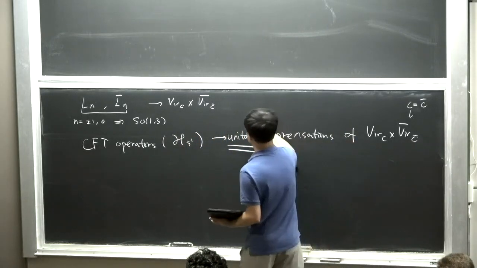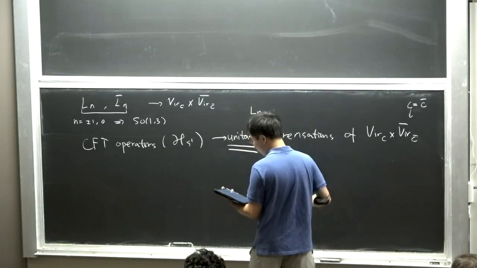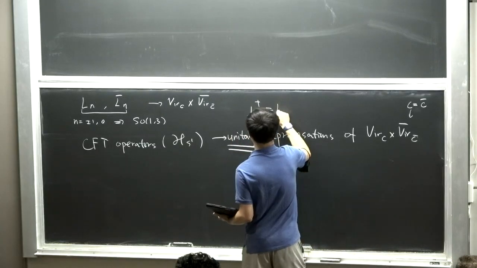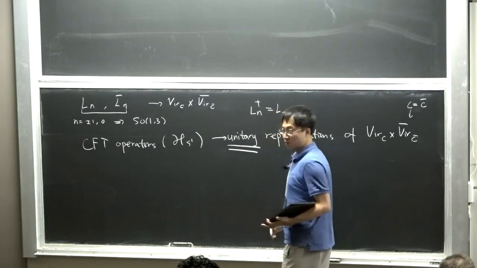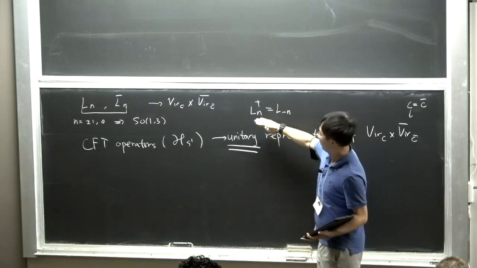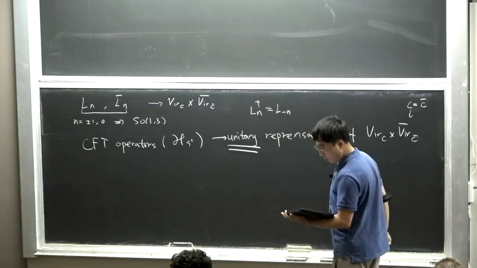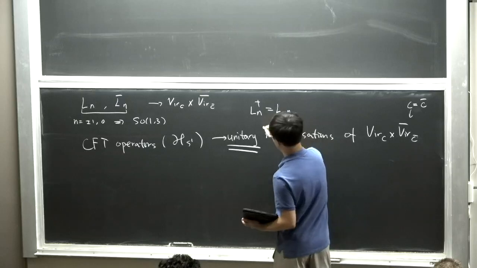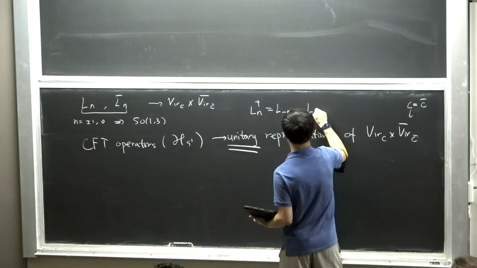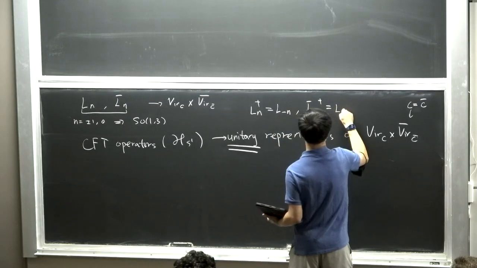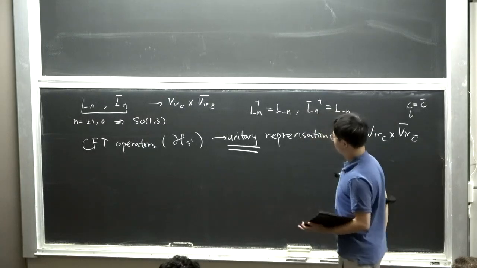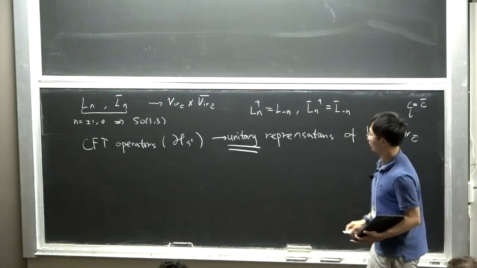Instead, as you can derive from the general discussion we had last time, in particular for the stress tensor, for which these Ln are the holomorphic and anti-holomorphic modes, the Hermitian conjugate is defined as follows.